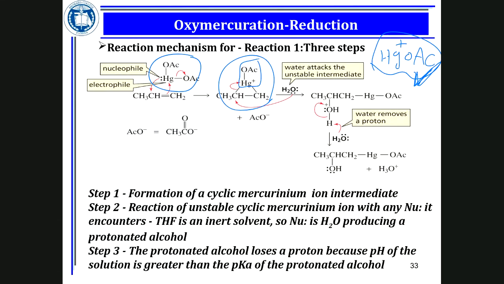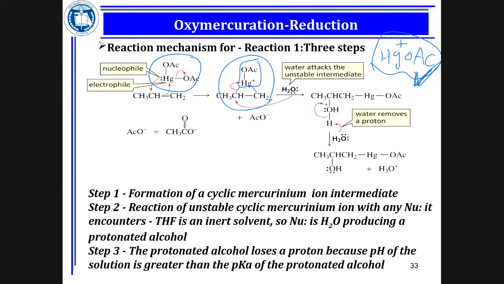What's the advantage of formation of this triangle? There is no chance for changing the carbon skeleton either. So the carbon skeleton doesn't change. There is no rearrangement. So there are two things that should come to your mind. First, the addition is going to be anti-addition. Second, there is no chance for rearrangement.